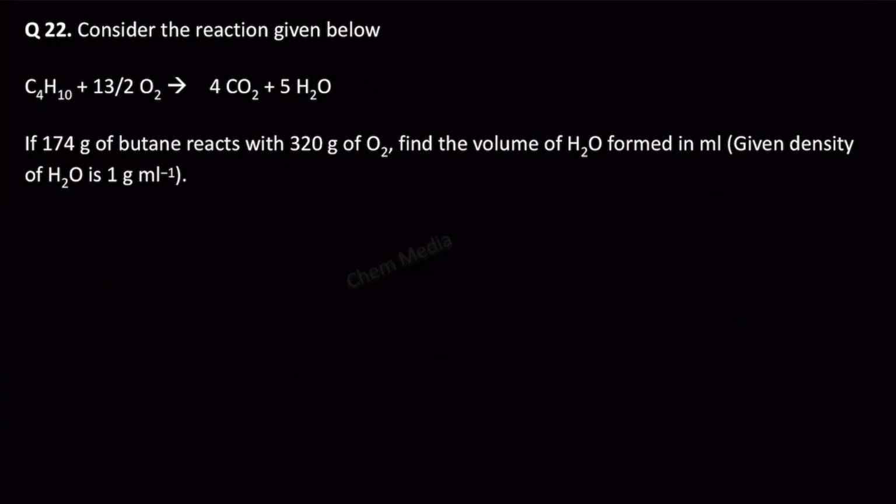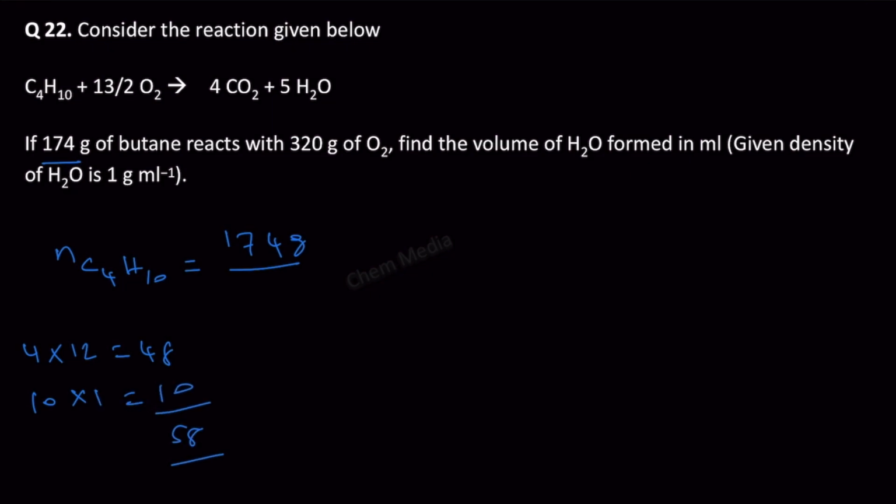Now, let us find the number of moles of butane and number of moles of O2. Number of moles of butane is equal to mass divided by molar mass. So, 174 gram, that is the given value here. And the molar mass of butane is 4 times 12, that is 48, and 10 times 1. So, 58 gram per mole.